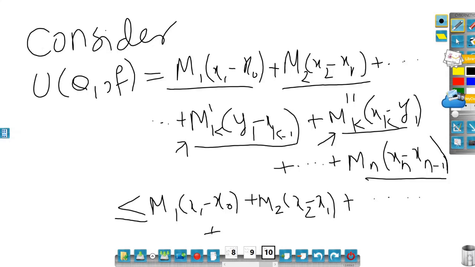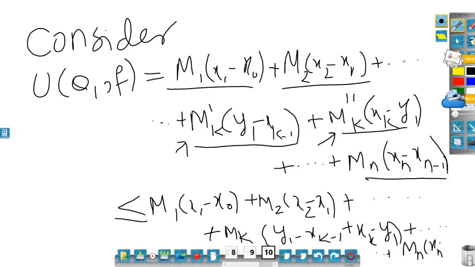So the mk dash will be replaced by mk, and the mk double dash will also be replaced by mk. In a bracket I will take mk common, so I will have y1 minus xk minus 1 plus xk minus y1, plus dot dot dot, and I will have mn times xn minus xn minus 1. Now you can see that this y1 and this y1 will get cancelled, so I will have xk minus xk minus 1. So let me write it down next.